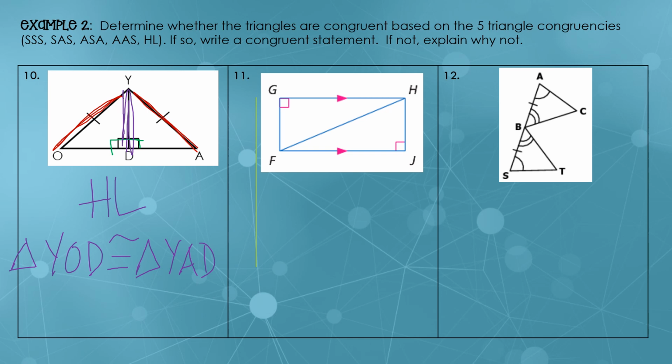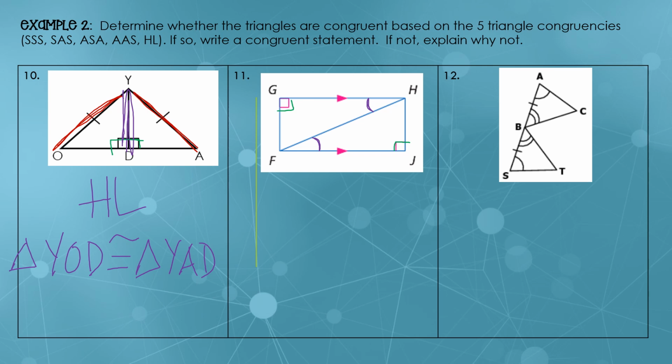11, the only thing marked congruent is this right angle. There is nothing else marked congruent, but you do have that GH and FJ are parallel, and FH is a transversal. So that is going to mean that GHF, this angle right here, is going to be congruent to JFH because they are alternate interior angles.